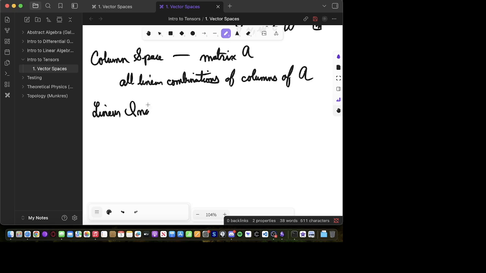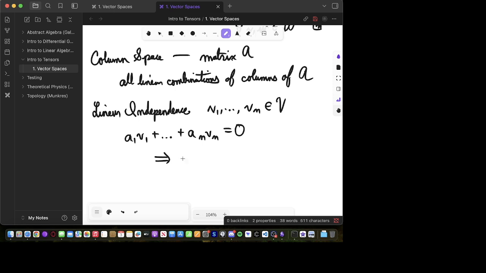Furthermore, let's talk about linear independence. We say that a set of vectors v1 to vn in V are linearly independent if we have a linear combination of them that equals 0, that must imply that the coefficients are all equal to 0.